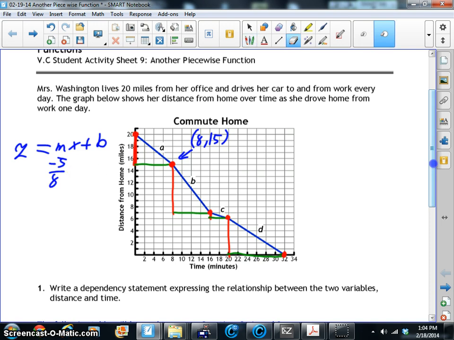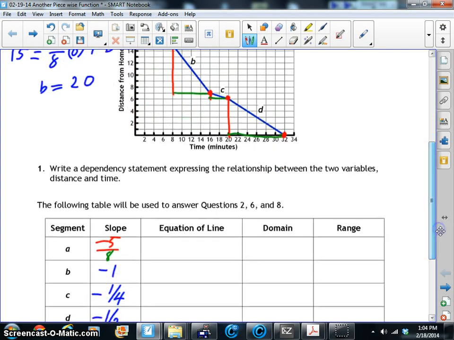We're going to plug in those points. So we have 8 times negative 5 over 8 plus whatever b is equal to whatever y is. So y is actually 15. So when you go ahead and do this, you're going to find that this is 20. So we find our b is equal to 20. So our formula would basically be negative 5/8 x plus 20. And that's what y is equal to. I'm not going to put that down right now.